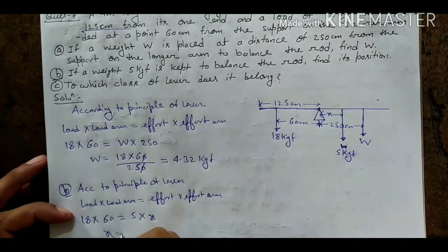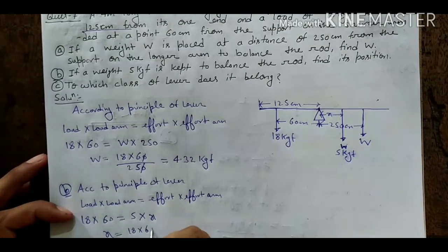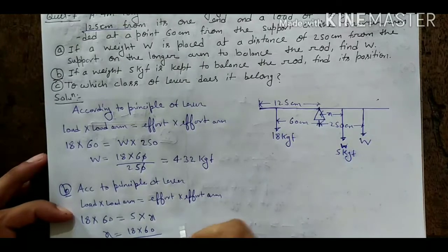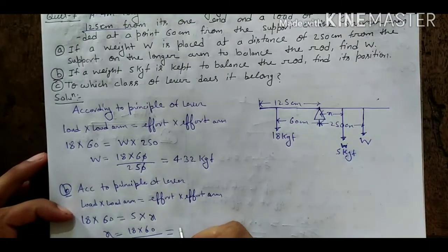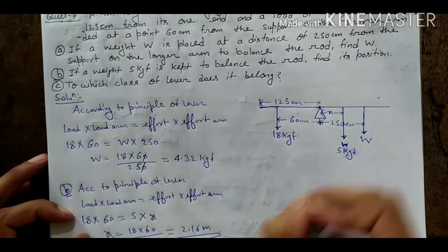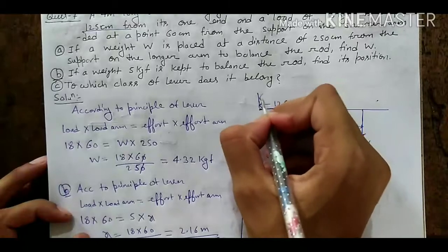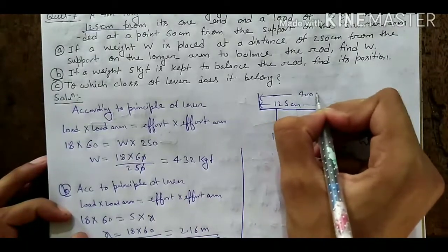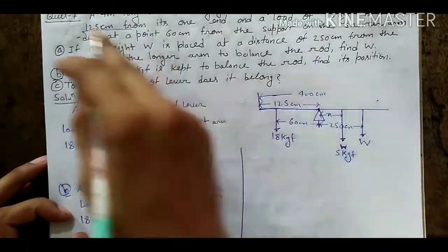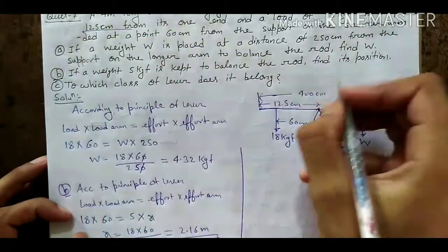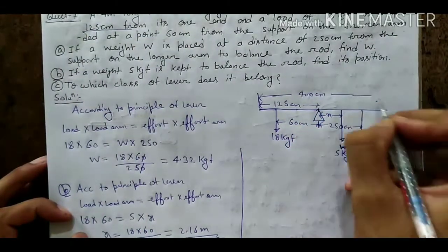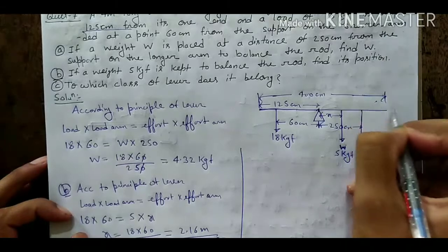This x will equal 18 into 60 upon 5. After solving we will get 2.16 meter. At this distance we can balance this rod. The total length of this rod is 400 centimeter. This is the total length.